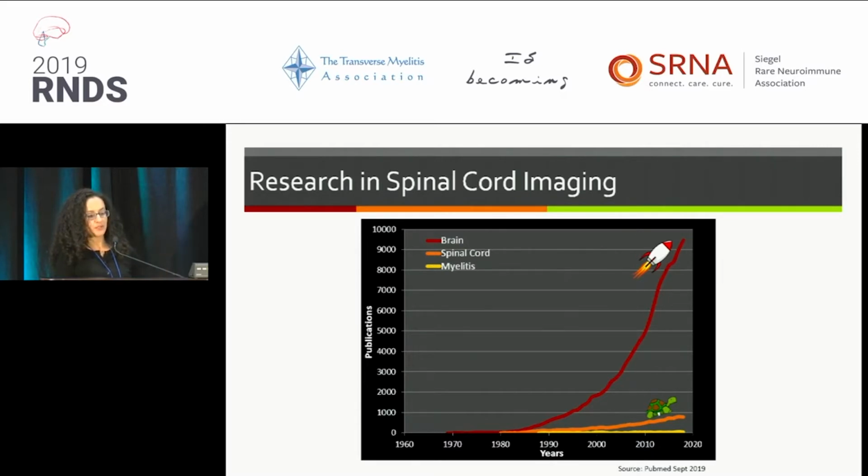So for the brain, you see how many papers are published each year. It's a lot. Spinal cord, which is in orange, has taken off, but it's about a decade behind brain. And then we have myelitis spinal cord imaging research, and in yellow, it's not 0. It's just because the scale is so large. It looks like it's a 0, but there are some papers out there.